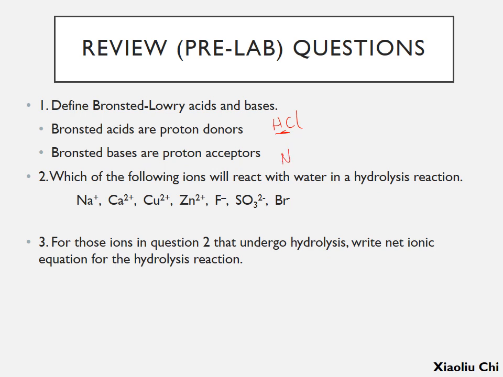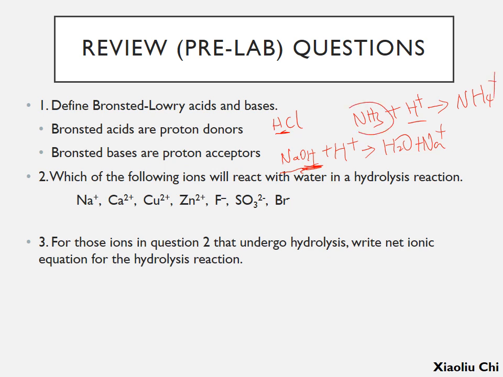Sodium hydroxide will react with hydrogen, so it will form water. So hydroxide and hydrogen form water plus sodium ion, and therefore this is a Bronsted base. Ammonia also reacts with hydrogen. It's a proton acceptor, so this is also a Bronsted base.